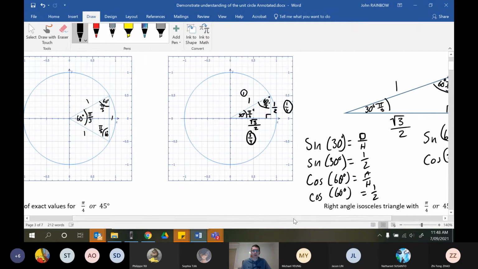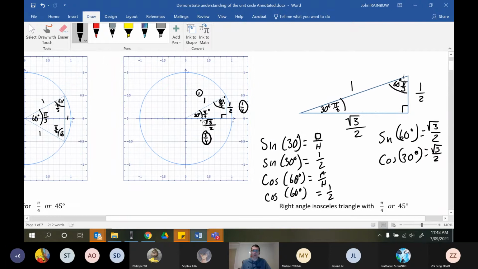We've proven an exact value. We've actually proved this, and this is where it comes from. So sine 30 is opposite over hypotenuse, so it's really just the opposite because the hypotenuse is 1, because we use the unit circle. That's why we use a radius of 1, because it's just the opposite. And cos 60 is adjacent over hypotenuse, so that's why it's a half.